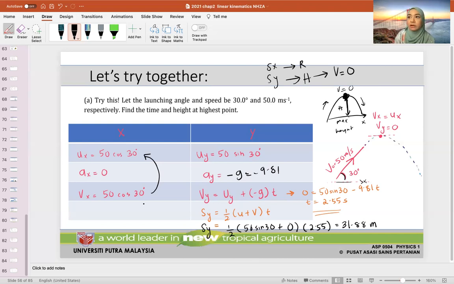What do we know about a constant velocity? When we have a constant velocity, our change in v is equal to 0. And acceleration, or average acceleration, is delta v over delta t. So we know that acceleration is 0 because there's no change in velocity. So this is something that I want you guys to relate back to the first part of this chapter, which is linear motion.